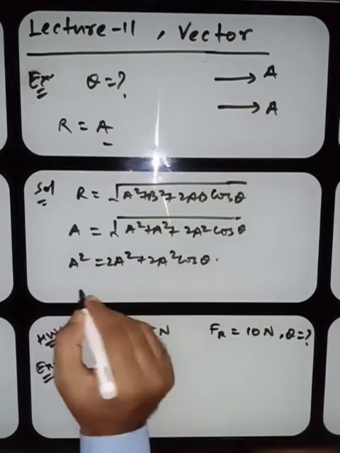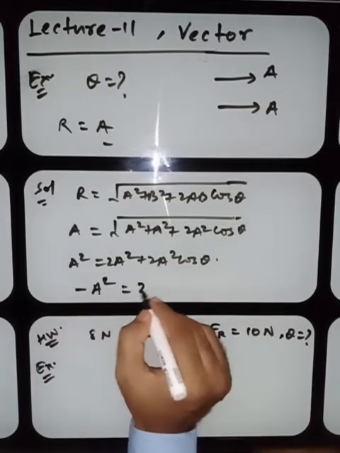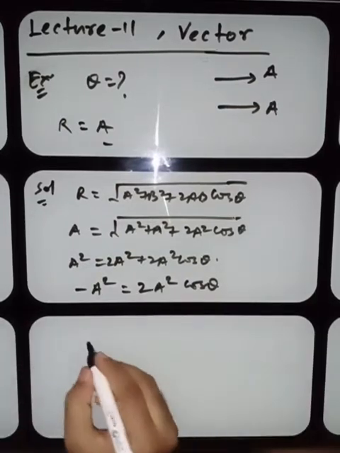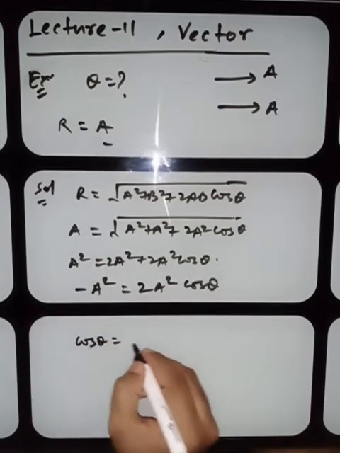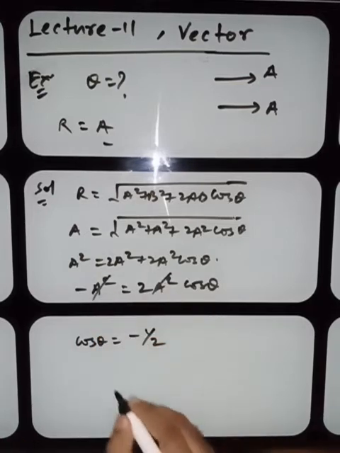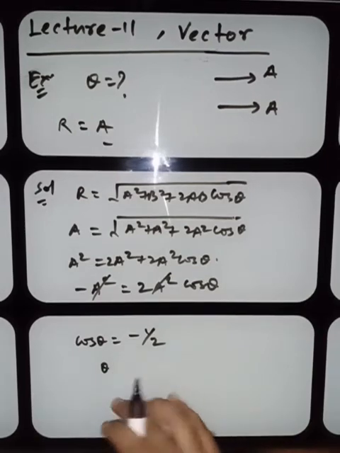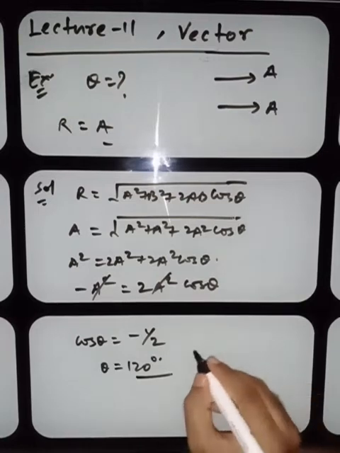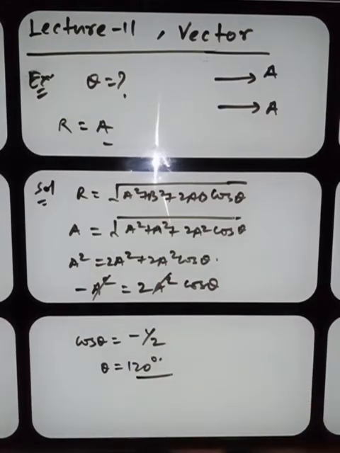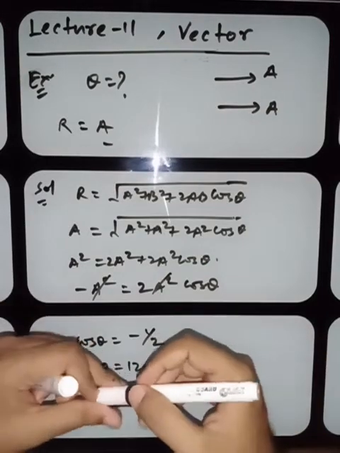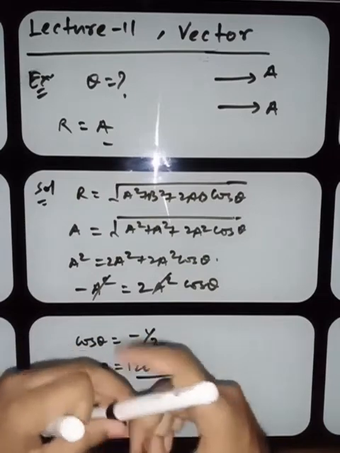Here a square minus 2a square gives minus a square equals 2a square cos theta. So cos theta is minus 1 by 2, the a square cancels out, and theta is 120 degree, because cos 120 is minus 1 by 2. So the angle is 120 degree. This is the answer, my dear students. Now the next question I'm giving you.